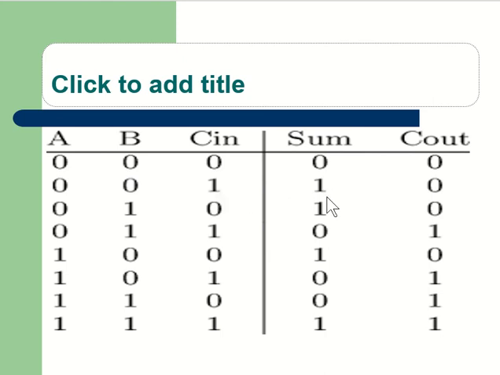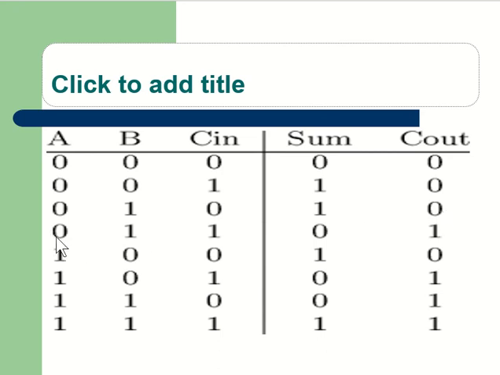So it is going to give me sum equal to 1, carry equal to 0. Similarly, the next case 0, 1 and 0, that is 0 plus 1 plus 0. So once again it is going to result in sum equal to 1, carry equal to 0.